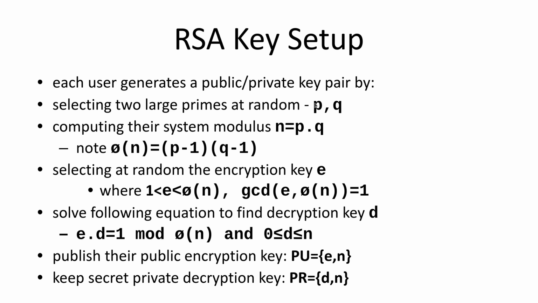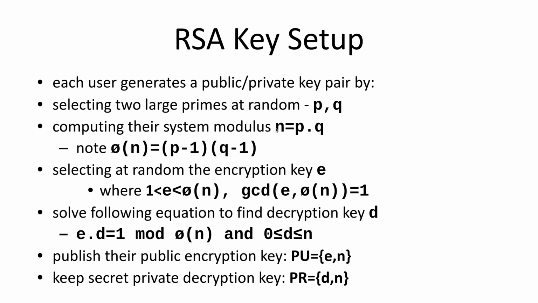So P, Q are selected, two large primes, where in RSA the size of P and Q must be greater than or equal to 512 bits. And 512 bits times 512 bits will be 1024 bits.